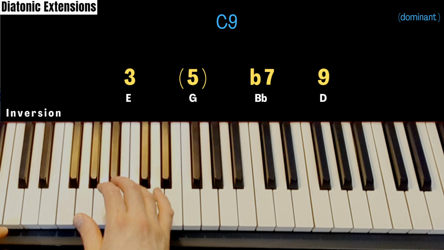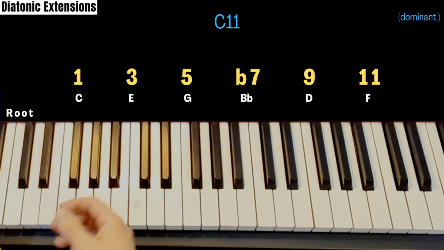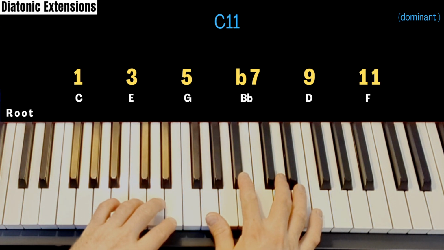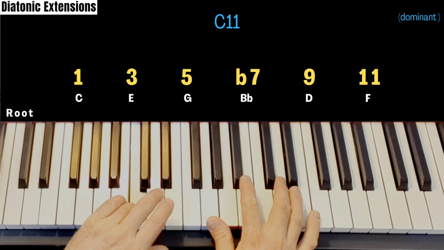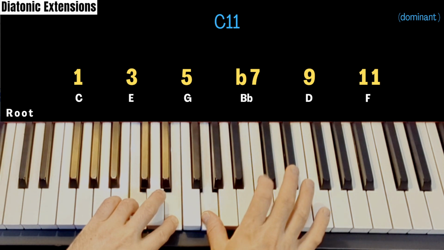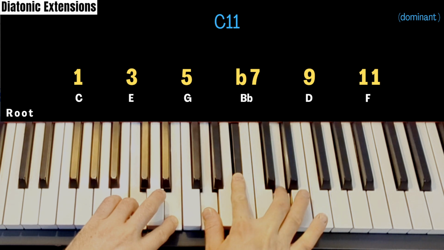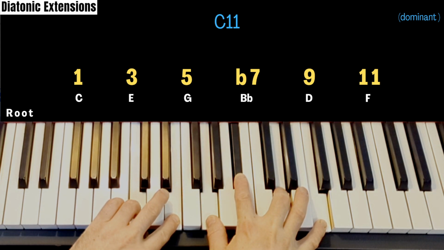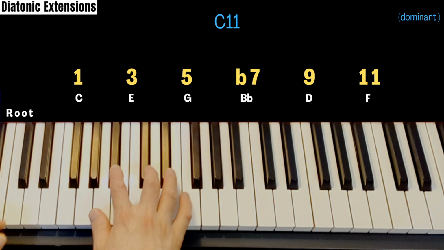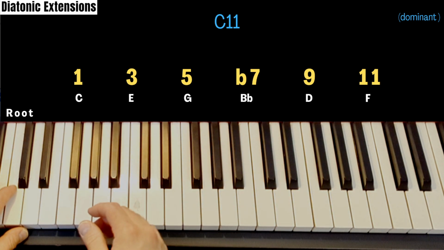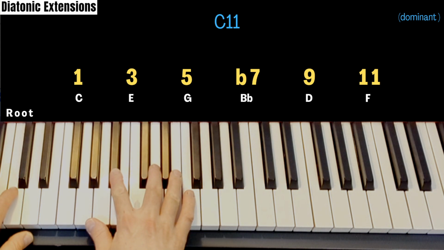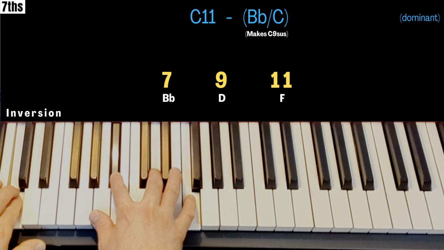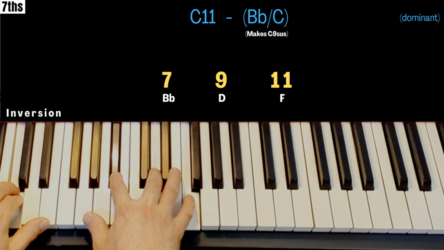Alright, then we've got C11. That's actually not a common one, but I'll show you the theory behind it. Root, 3rd, 5th, flat 7, 9, 11. And that's not very common. If I see a C11 on the chart, I'll just treat it like a C7 sus, which kind of sounds the same.